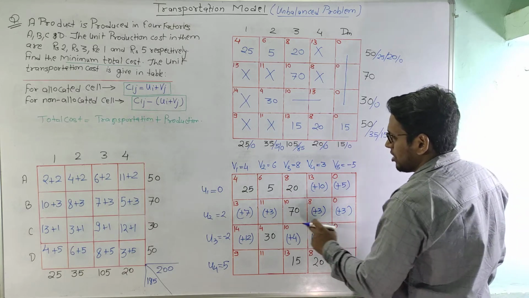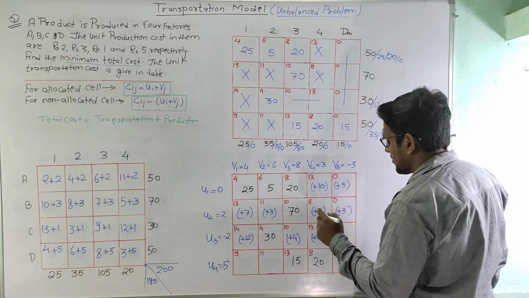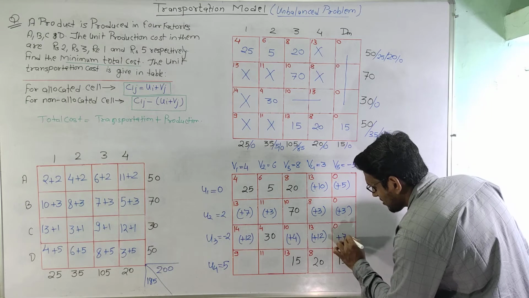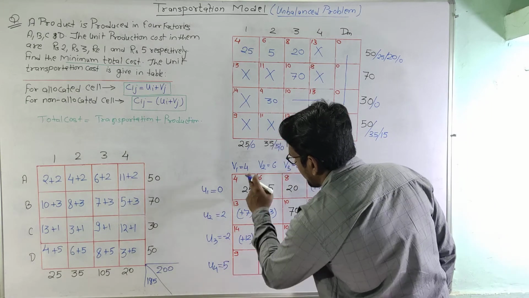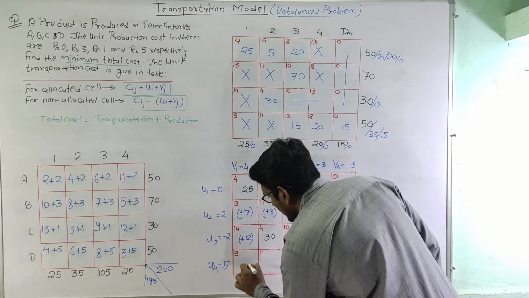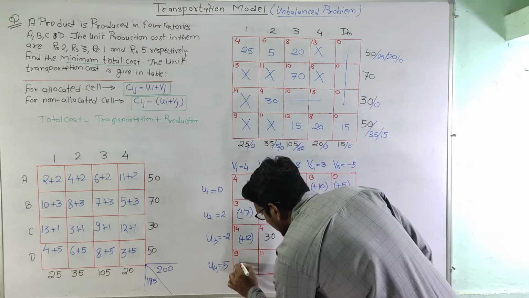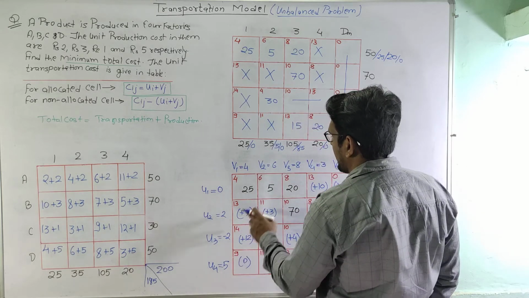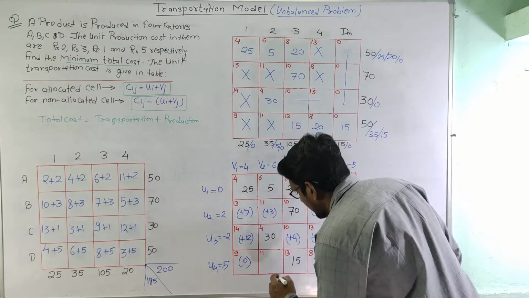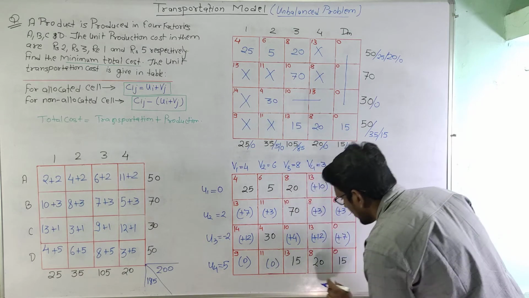Here 0 minus (2 minus 5), that is minus 7, minus of minus 7 is plus 7. Similarly here 9 minus (4 plus 5), that is 9 minus 9 is 0. And here 11 minus (5 plus 6) is 11, 11 minus 11 is 0.